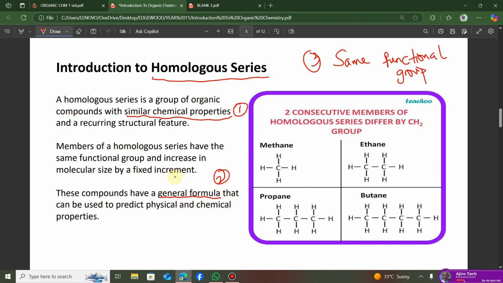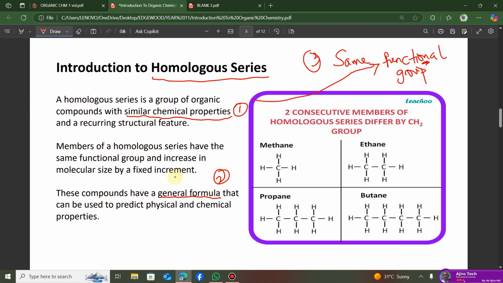Every member of the same family should have the same functional group because that is their identity. So the chemical properties is linked to the functional group. The reason why they have the same chemical properties is because they have the same functional group. That is what I mean by members of the same homologous series should have the same functional group. So that's the third feature of the homologous series.